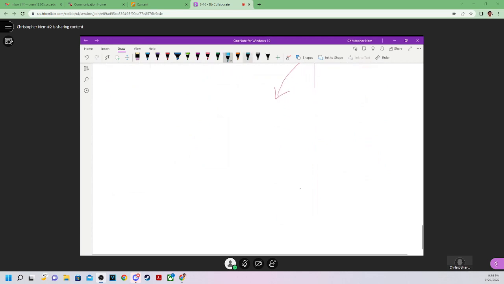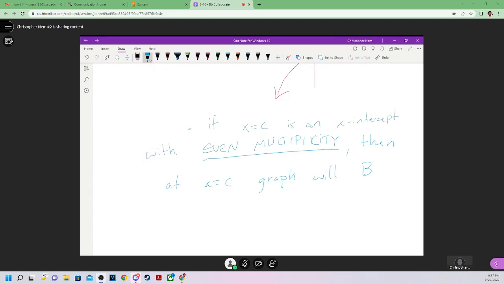Now, if it's even, if x equals c is an x-intercept with even multiplicity, then at x equals c, the graph will bounce at the x-intercept.